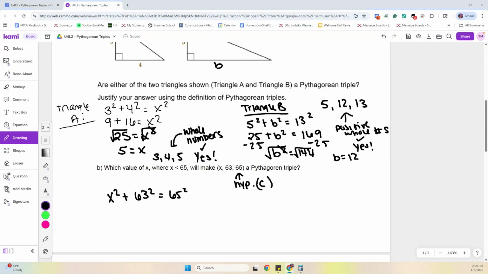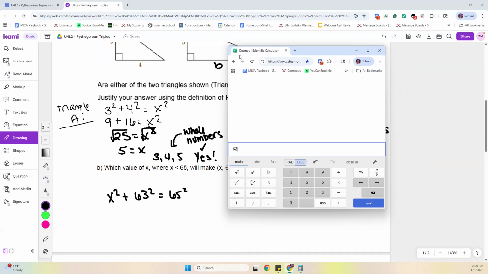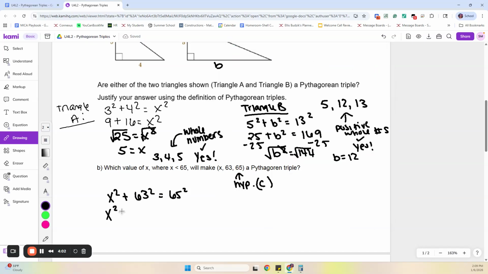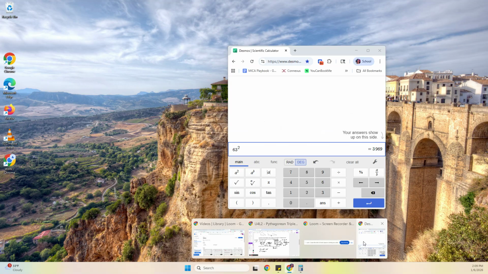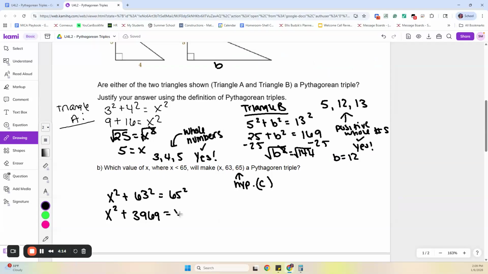We'll grab our Desmos calculator here and figure out what 63 squared is. That's 3969, equals 65 squared, 4225.